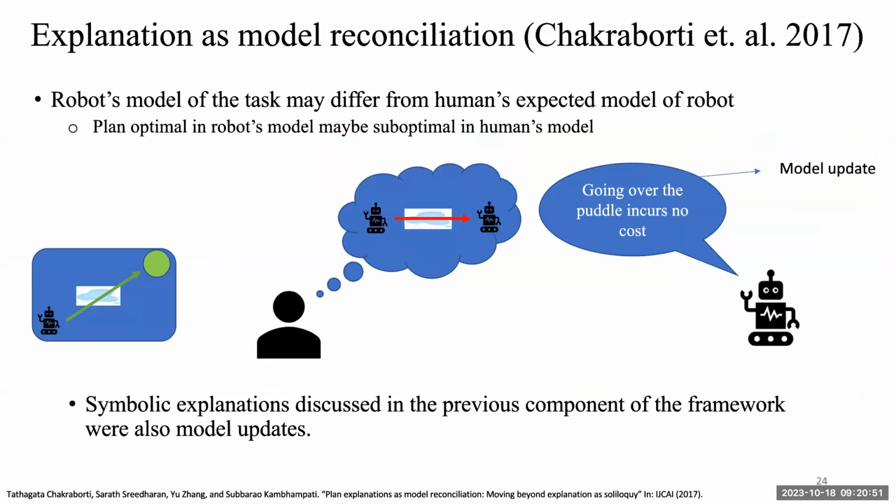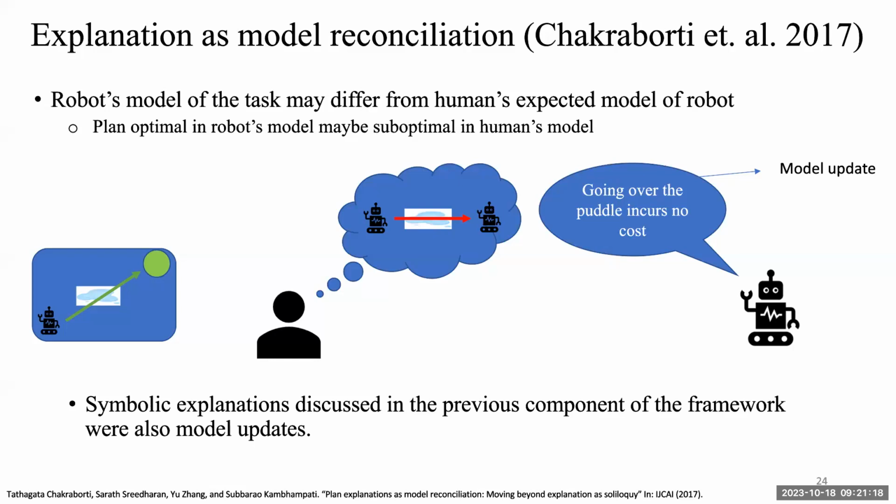Before I go into that, I want to point out that the explanations we are looking at are model reconciliation explanations as given by Chakraborti et al. These explanations come into play in scenarios where the robot's model of the task is different from the human's expected model of the robot, which for brevity I'm just going to call the human's model of the task.